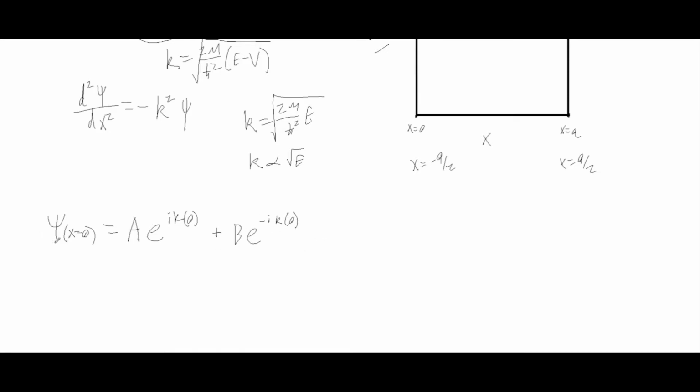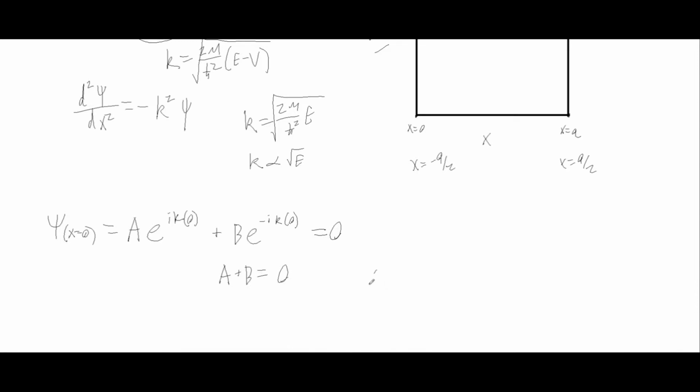And we want the wave function to equal 0, so we set this all equal to 0. Well, anything to the 0th power is 1, so this simplifies to a plus b equals 0.